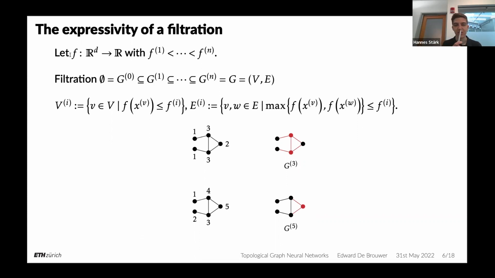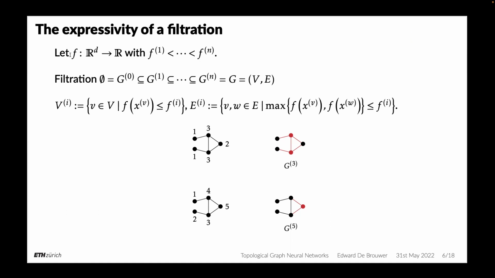Every filtration is one of these functions that gives us a number for each node, and according to those numbers we sort our nodes and then create subgraphs based on that sorting. So it's like a permutation of the ordering of the indices for the nodes. Yeah, somehow you could see it like that, right?